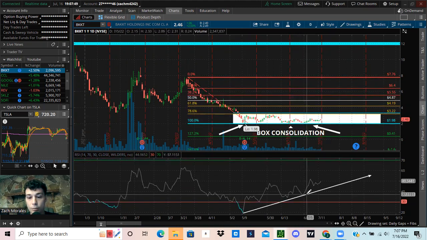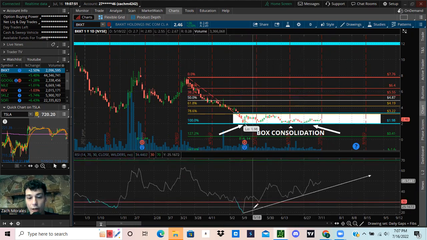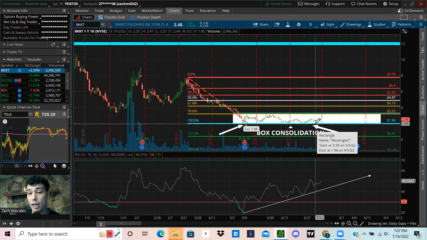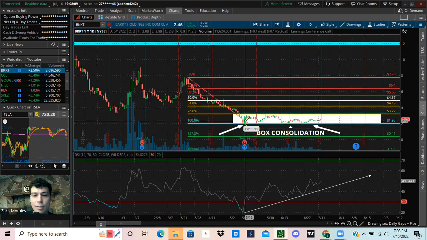We come down and we hit this trend line. So the stock is not creating lower lows, but it's actually just testing the same levels and going back to the same low price right around $1.98, and each time it does, the relative strength has increased dramatically. So that's the main thing I'm looking for.